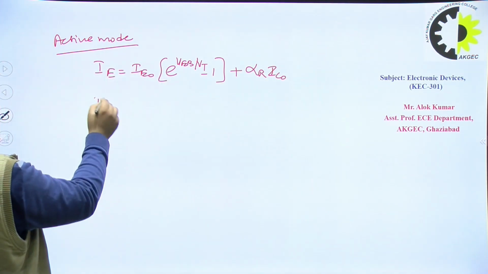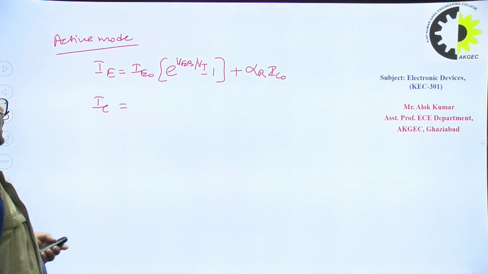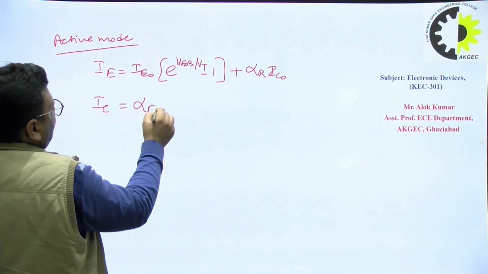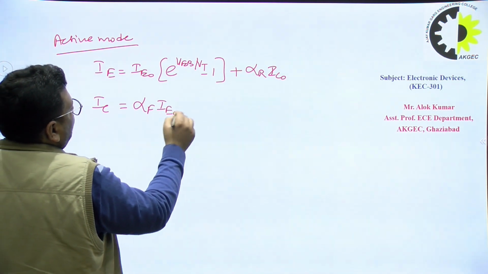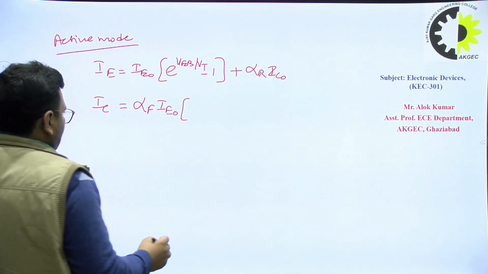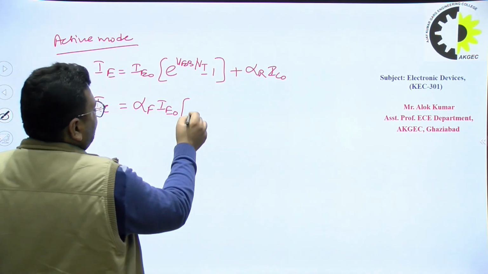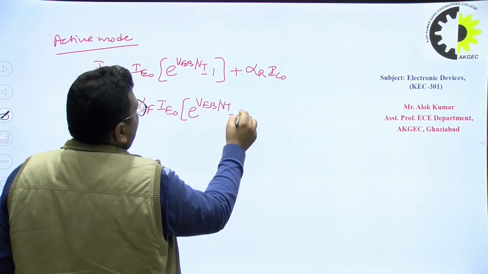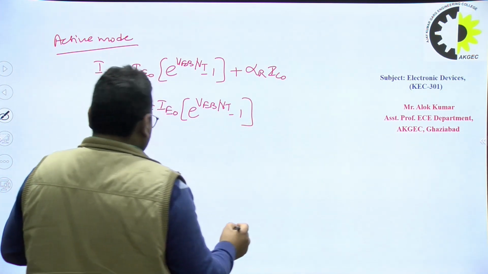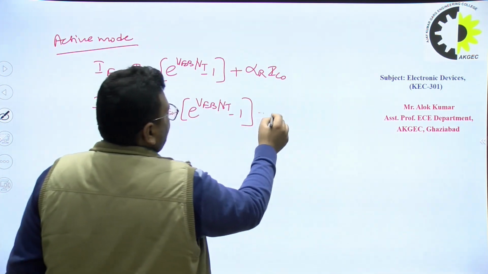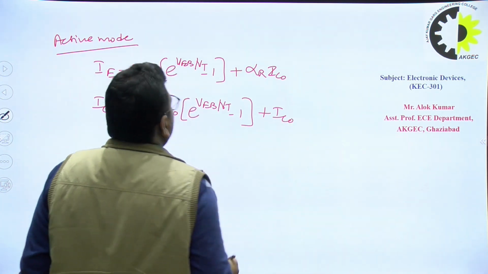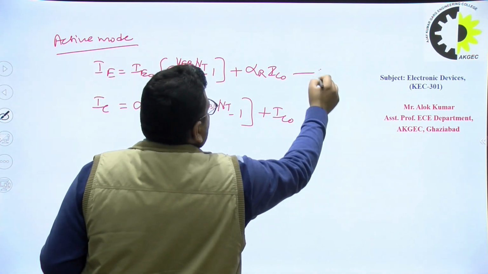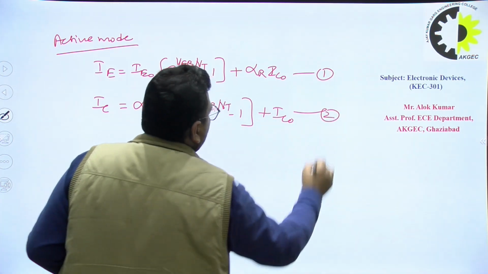And then I can write the current IC. IC will be alpha F into IE naught into e to the power VEB upon VT minus 1, plus IC naught. Suppose this is equation number 1, this is equation number 2.